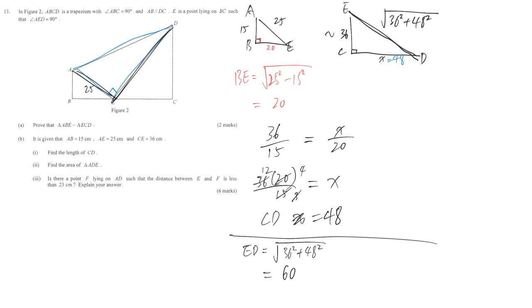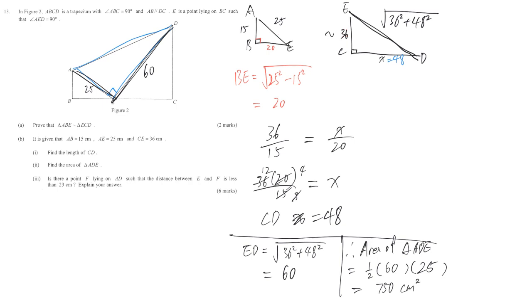Or we just use the ratio 3, 4, 5, we can also get 60 here. So the area of triangle ADE is equal to 1 over 2 times base times height. Write down the bracket first. The base is 60 while the height is 25. So 30 times 25, 750 cm squared, because they give us the unit as cm.